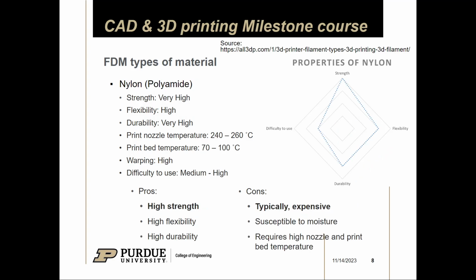Now we're getting into the more advanced kinds of filaments. These are generally a lot more difficult to print than PLA or PETG. But nylon is starting to get into the engineering grade, right?